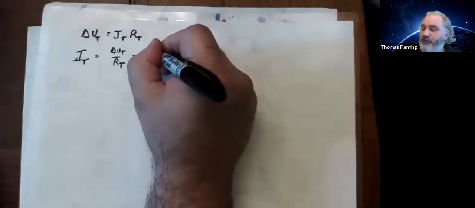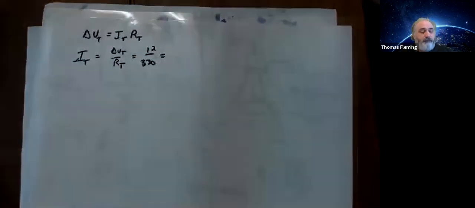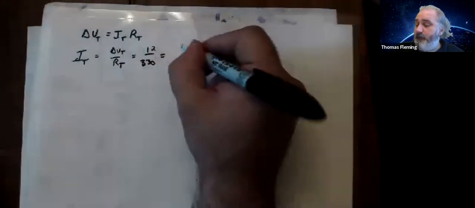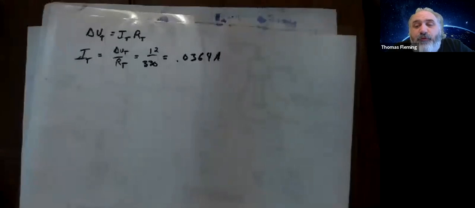So 12 divided by 330 is 0.0364 amps. That's how much current came out of that battery. You with me so far?